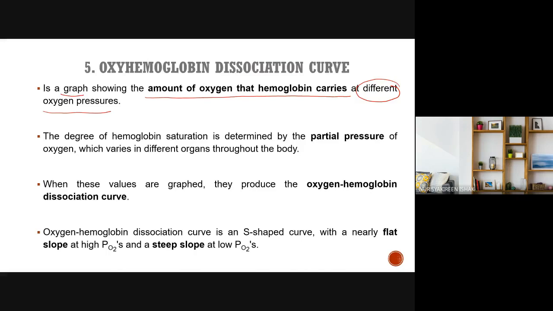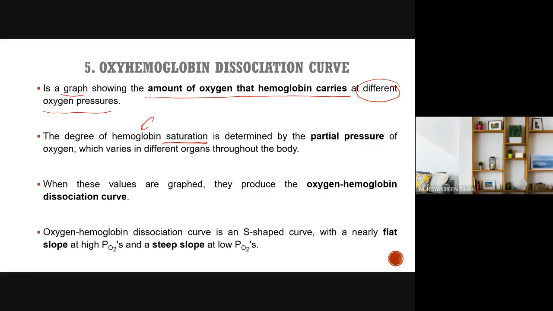Okay, so maksudnya dia akan plotkan the partial pressure of oxygen in the lung, the partial pressure in the blood vessels, and the partial pressure in your body tissues. Okay, so the degree of hemoglobin saturation. So saturation tu how much oxygen that the hemoglobin can bind.